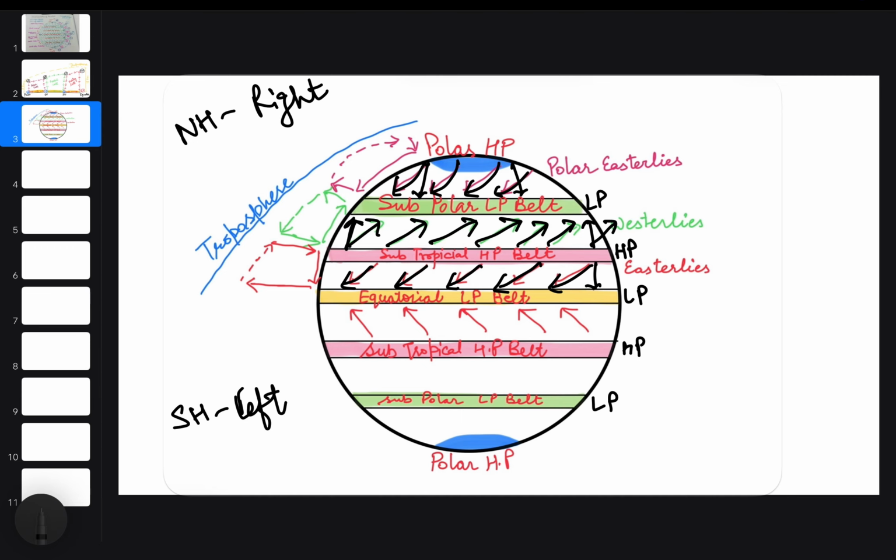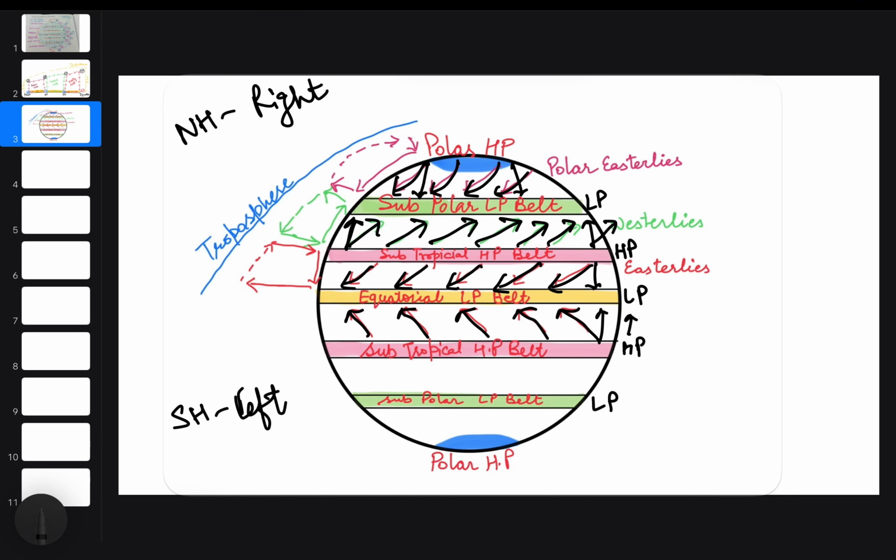In the case of the southern hemisphere, wind movement will always be from high pressure to low pressure. So instead of moving directly, they will deflect to the left side because of the rotation of the earth. Similarly at 60 degrees south we have low pressure, and at 30 degrees we have high pressure.